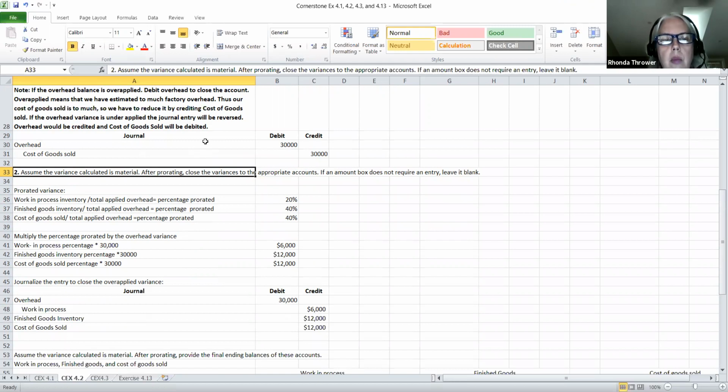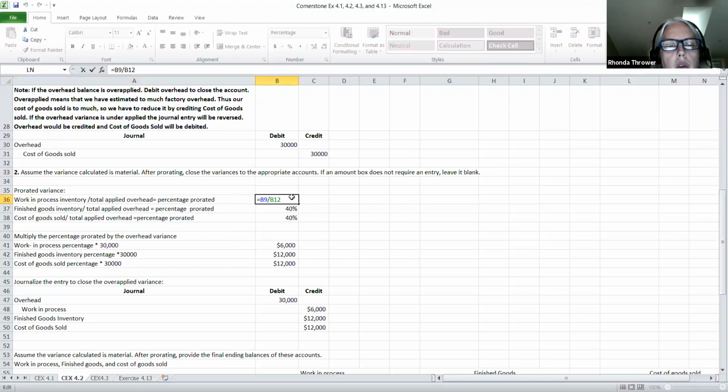One is if it's immaterial, this is the way we do it, and that's the way we did it in ACC 121. But in cost accounting, we're going to learn how to prorate the balance. If the variance is material, you will prorate the amounts to work in process, finished goods, and cost of goods sold. Before we can prorate it, we need to come up with the expense to prorate.